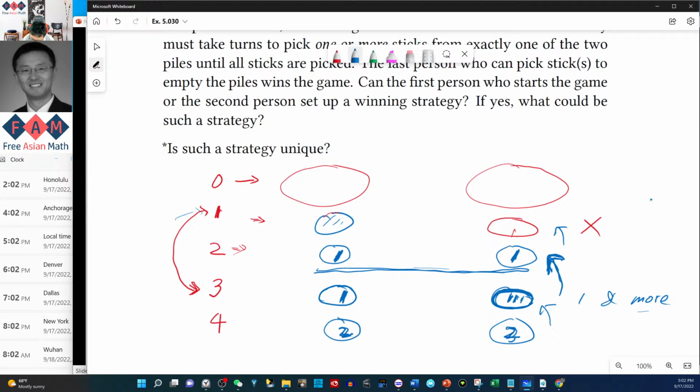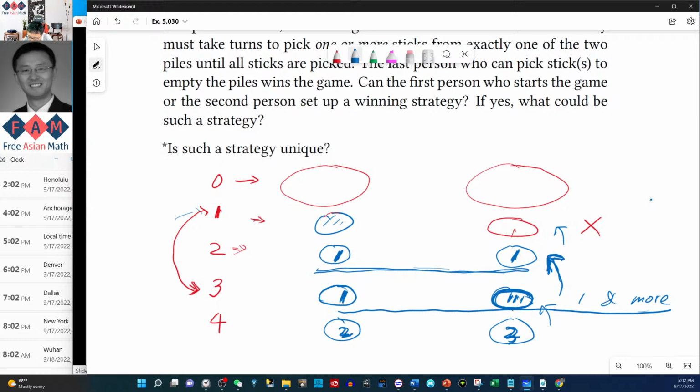Because that's just a 2-3. He can actually pick one from the 3 to leave a 2-2 situation for the winning guy. And in that case, the winning guy actually will lose, because we know this is a one and more situation. If you have 2-2, that doesn't match this one more situation.